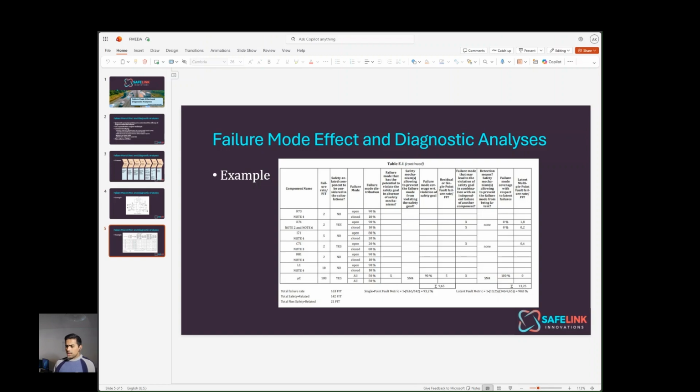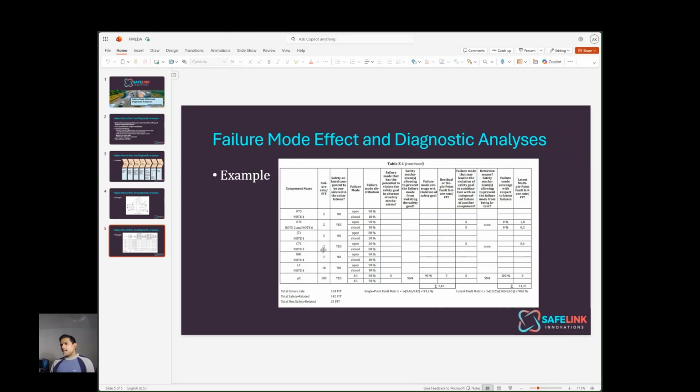There's a Storm database available. There's a FIDES database available. There are different databases available to estimate the failure rate. IEC 62380 is very popular in the automotive industry, and that can be used to estimate the failure rate.